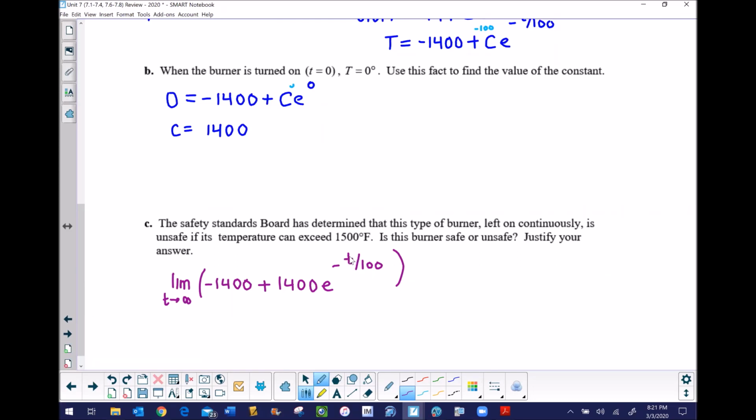I would have a large number divided by 100, which is still going to stay large, and that negative is going to make it negative and large, right? Which just basically means that this e is going to find its way in the denominator looking like that. Agreed? And e to the infinity is huge, but if it's in a denominator, that tends to approach 0. Am I right?